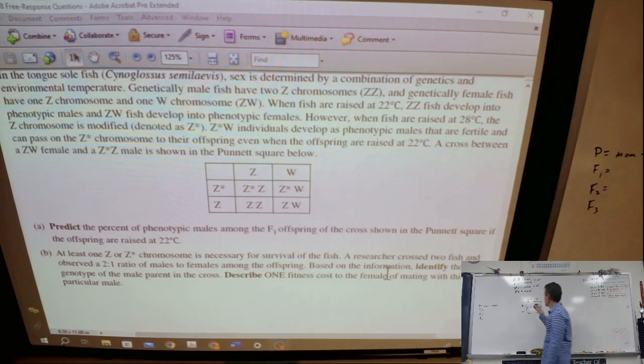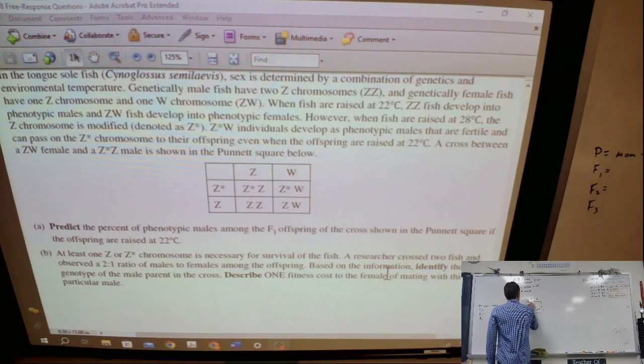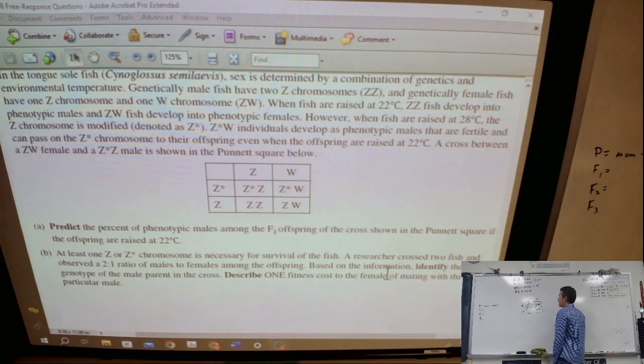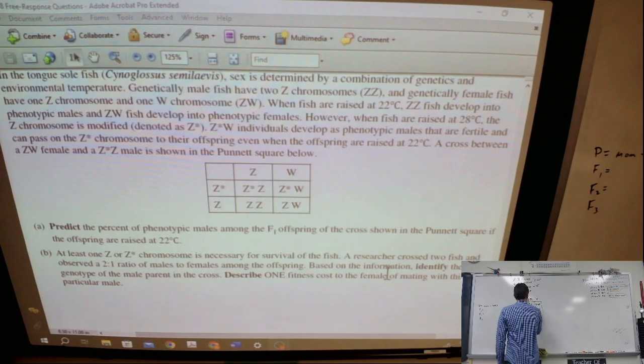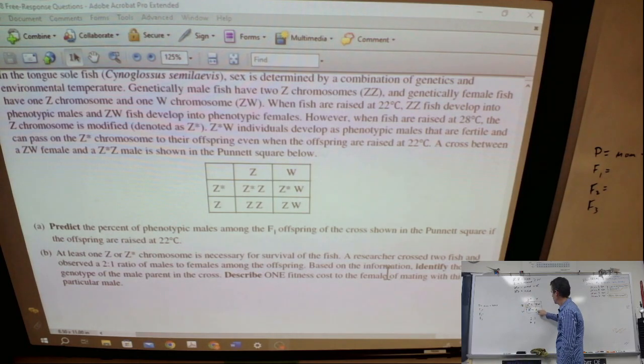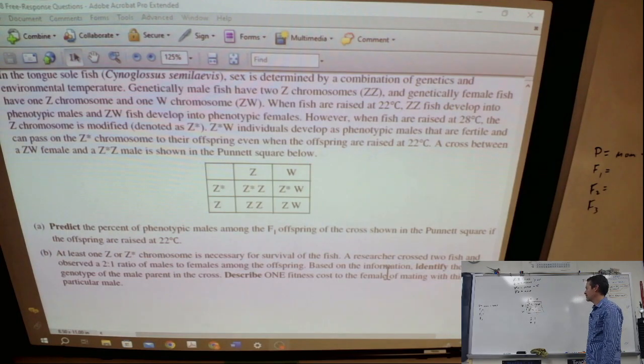I'd have a Z star Z, that'd be a boy. I'd have a ZW, that'd be a girl. I'd have a Z star W, that'd be a boy. So I'd have 2 males, 1 female, and 1 dead guy.